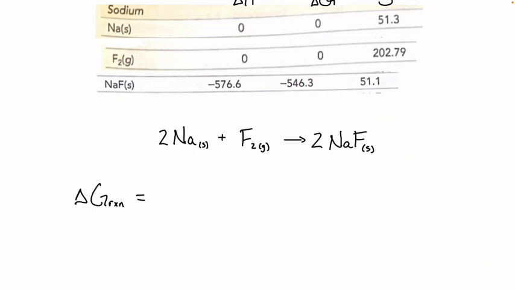So I'm going to take the sum of all of my products times their stoichiometric coefficients, and I'm going to subtract the sum of my reactants times their stoichiometric coefficients.